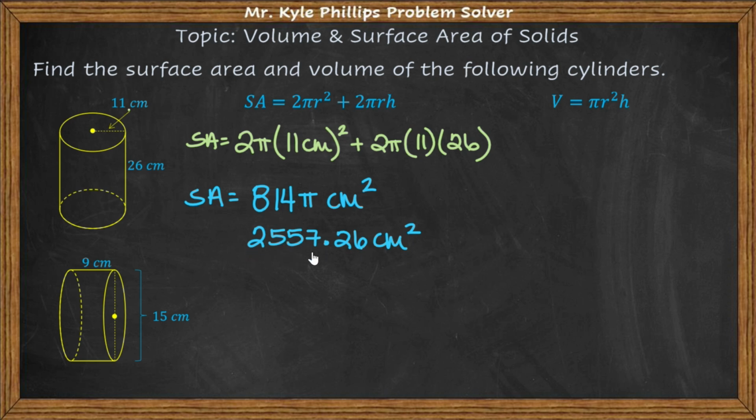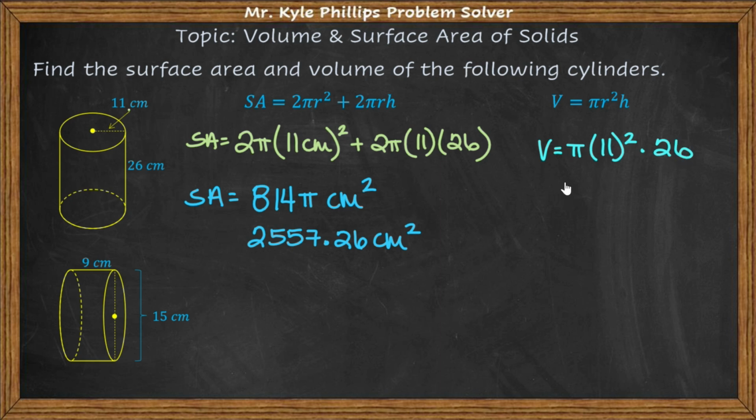Again, surface area, imagine you're painting. So you got to paint the bottom, you got to paint the top, and you got to paint all around this cylinder. Okay? Now volume. Imagine this were a cup and we're filling it with water. So what's the maximum amount of water we would have here? So that would be pi, the radius squared, times our height. Let's see what we would get here.